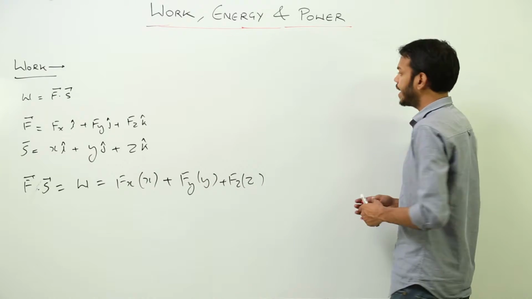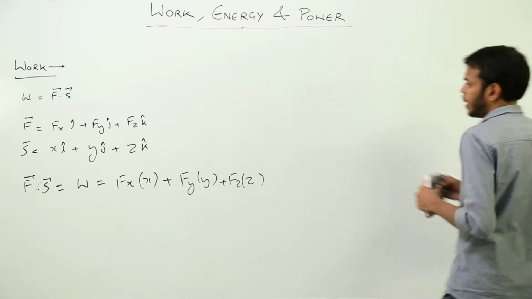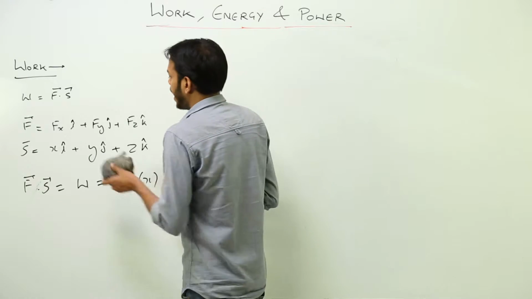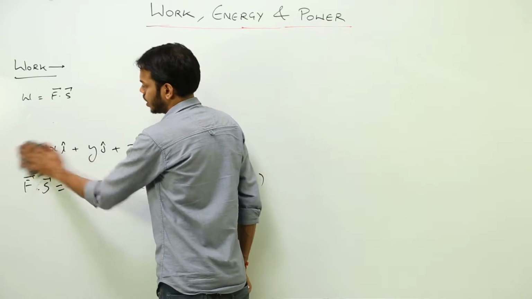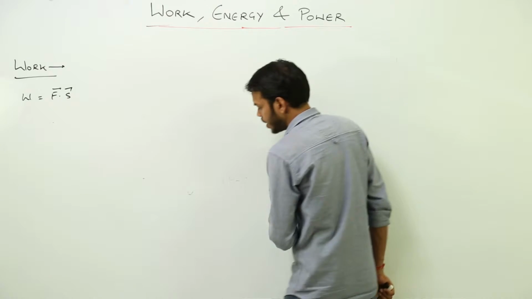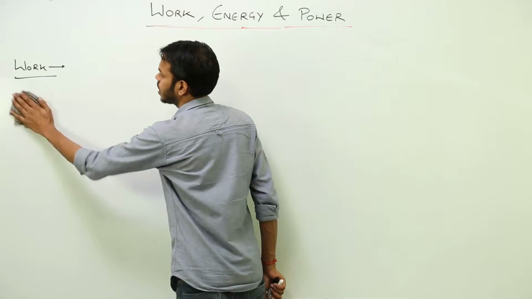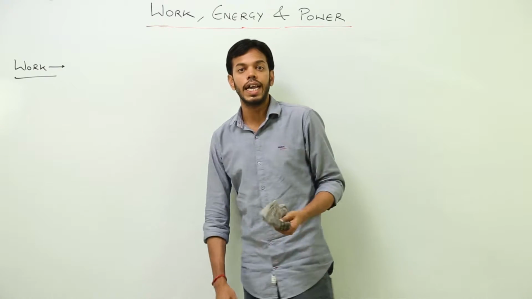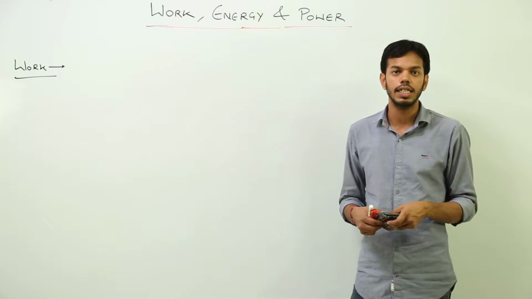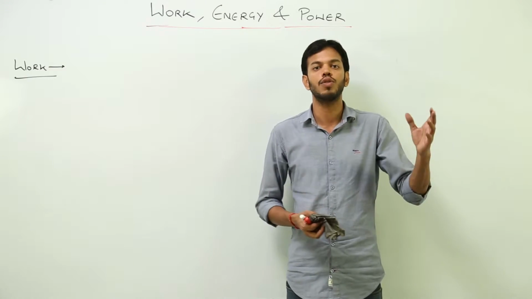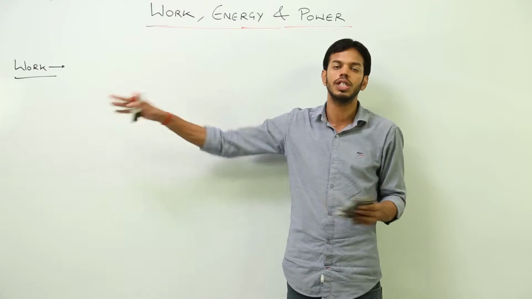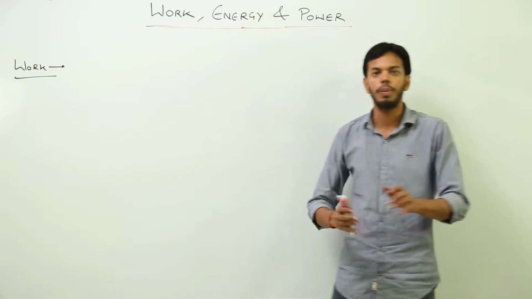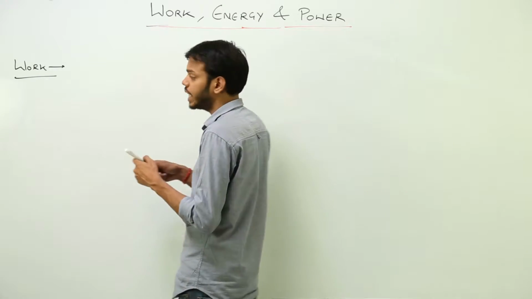Now what is the SI unit of work done? Do we know the SI unit of force, which is newtons, right? What is a newton? Force is defined as the product of mass and acceleration. I'm not going into technical definitions, because right now we are doing the SI unit.